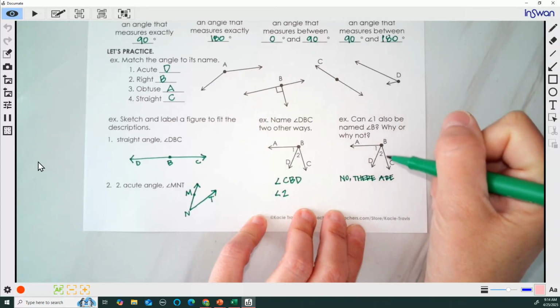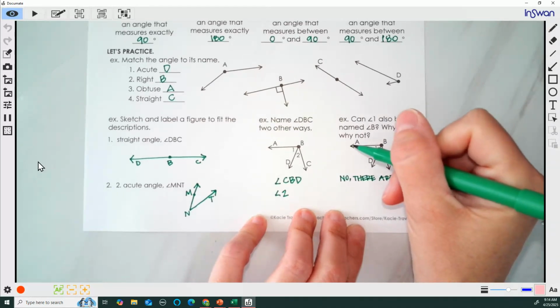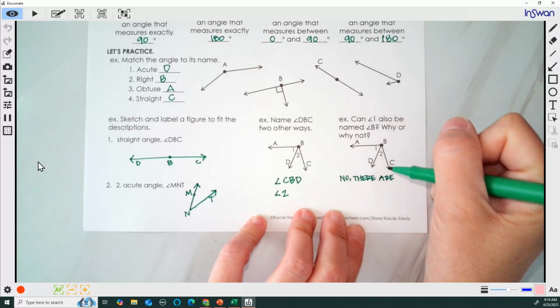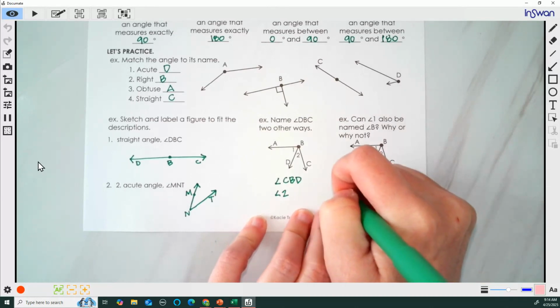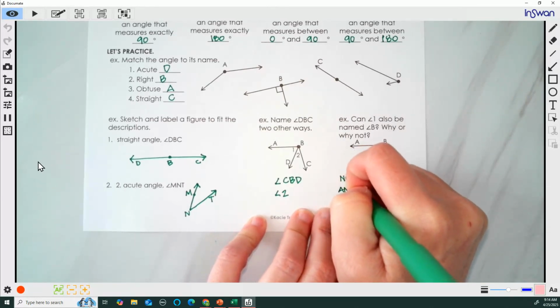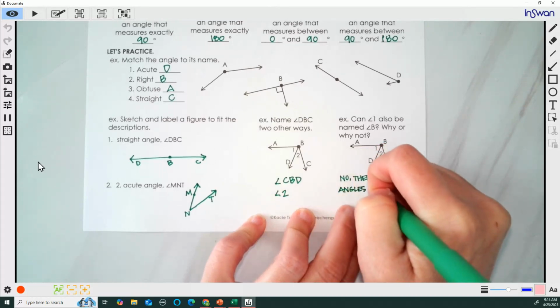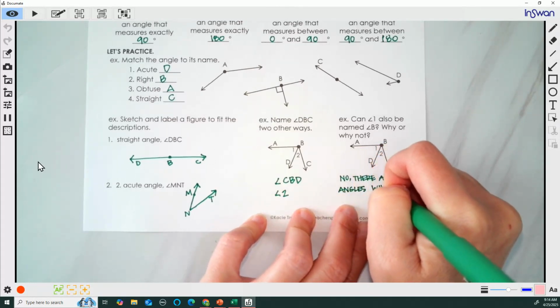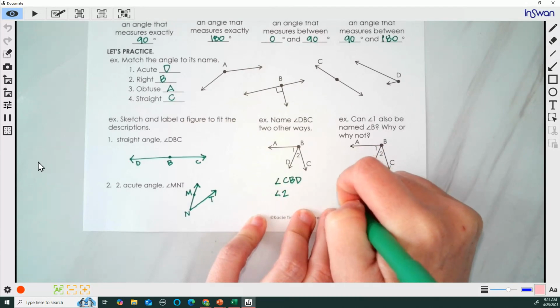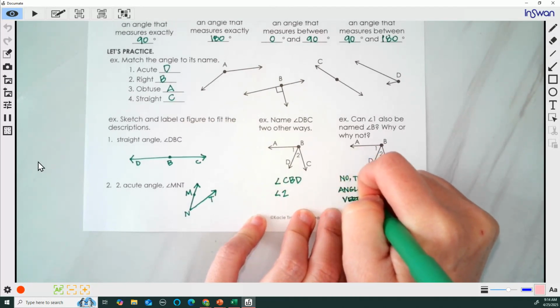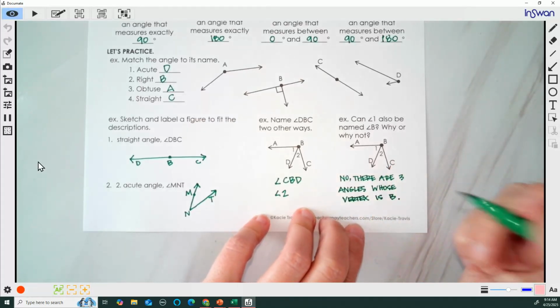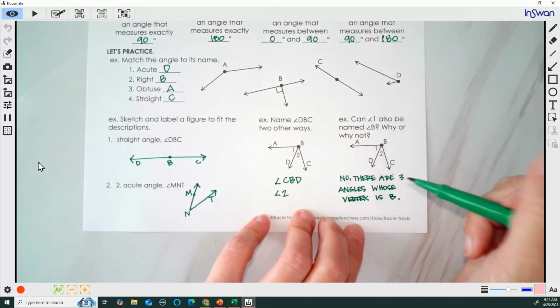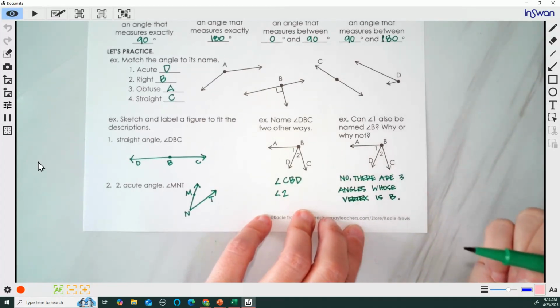Angle DBC has B as its vertex, and angle ABC has B as its vertex. So there are 3 angles whose vertex is B. And so you would not be able to call any of those angles just angle B.